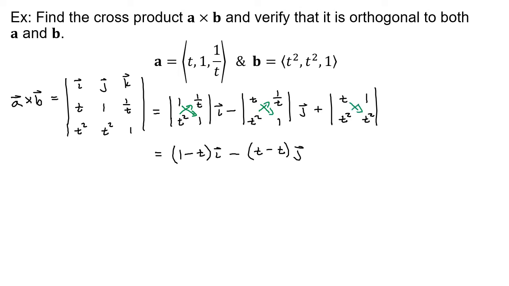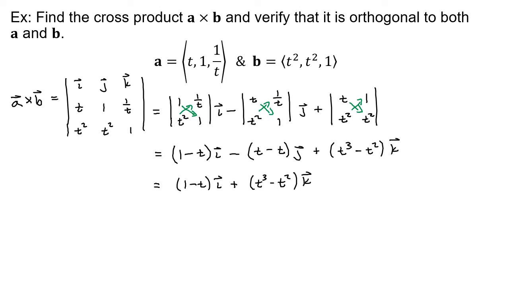And the last ones, you won't have that nice canceling going on, on the k, but we'll end up with a t cubed minus a t squared. So I'm just left with 1 minus t on the i, and the t cubed minus t squared on the k, and the j term actually just disappeared.